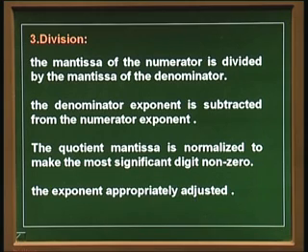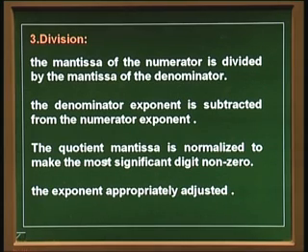So again, going to the division. In the division, we subtract the exponents, divide the mantissas, and normalize by shifting again. The mantissa of the numerator is divided by the mantissa of the denominator. The denominator exponent is subtracted from the numerator exponent, and the quotient mantissa is normalized to make the most significant digit non-zero.